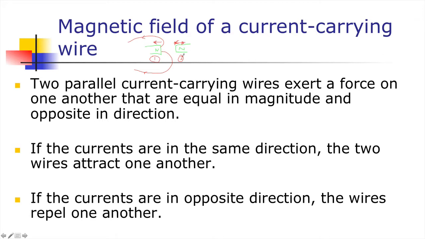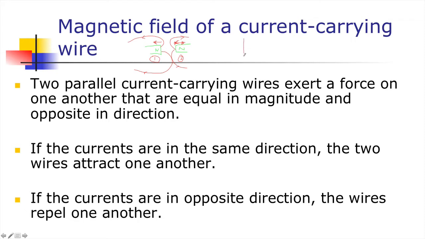So if you bring magnet number 2 towards magnet 1, the two magnetic fields will start to interact, right? So there will be a repulsion kind of force between those two magnetic fields.